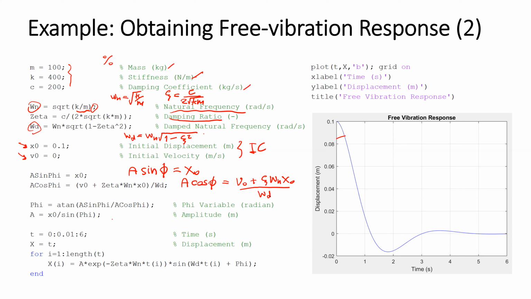And to obtain the phi angle, it is equal to the arctan of A sin phi divided by A cos phi. So you can compute phi, and you can also compute A. A is equal to x0 divided by sin phi.